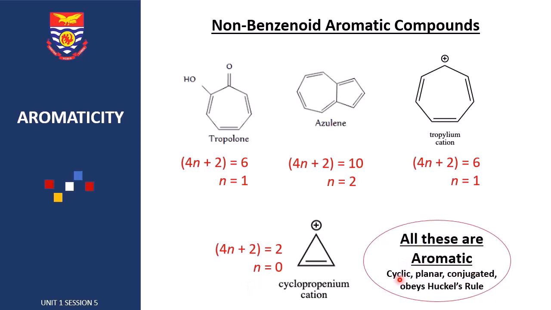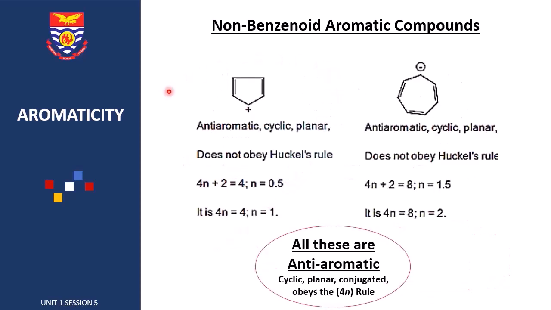They are cyclic, they are planar, they are conjugated, and they obey Hückel's rule. But you can see that none of them has the benzene structure. So they are non-benzenoid aromatic compounds. They are aromatic compounds, but they do not have the benzene structure. And these are also non-benzenoid aromatic compounds.